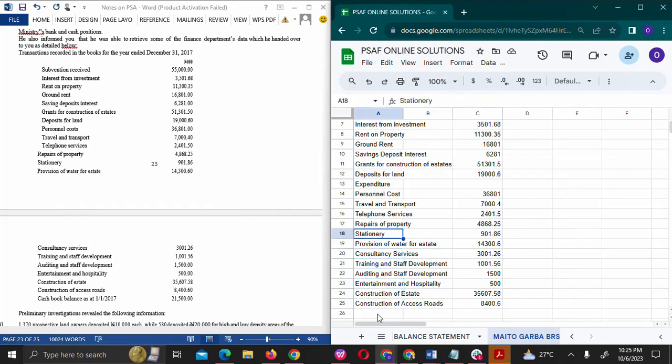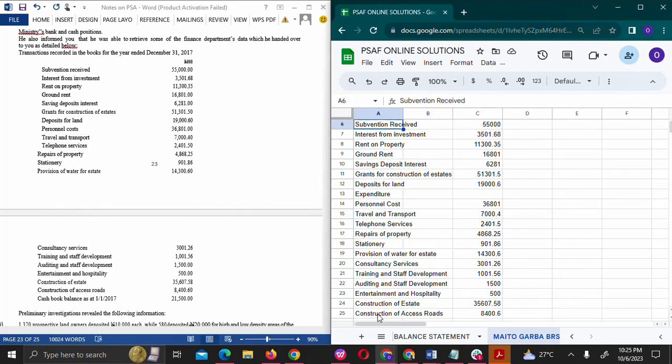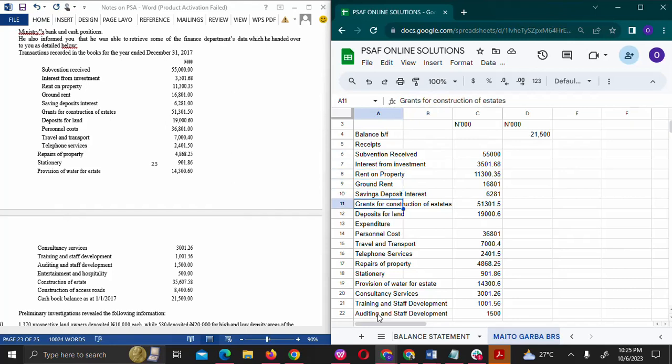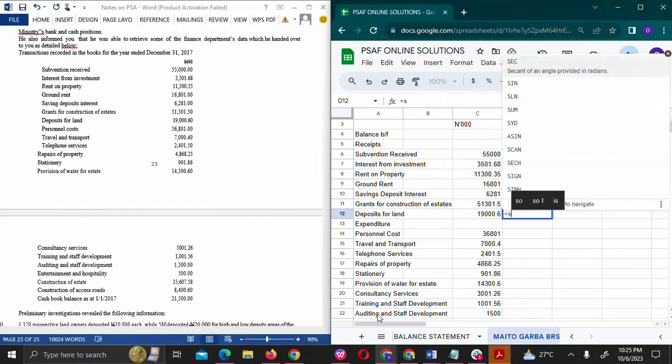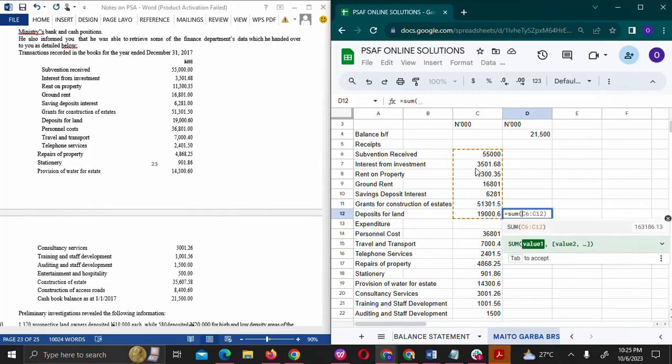So here I can add my receipts together. If you figure it, you should get something around this figure.